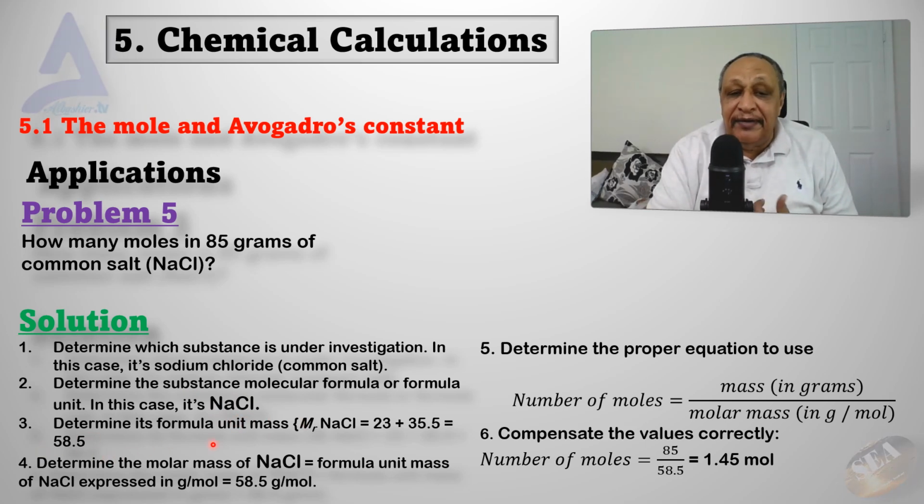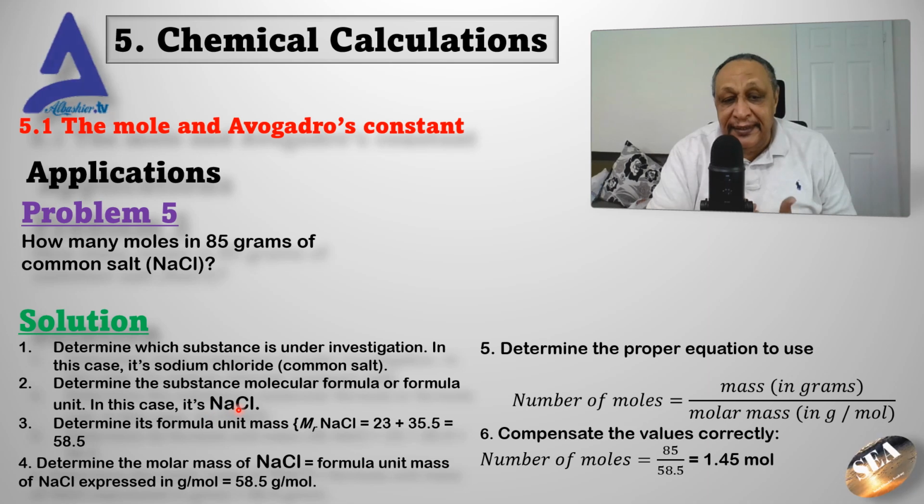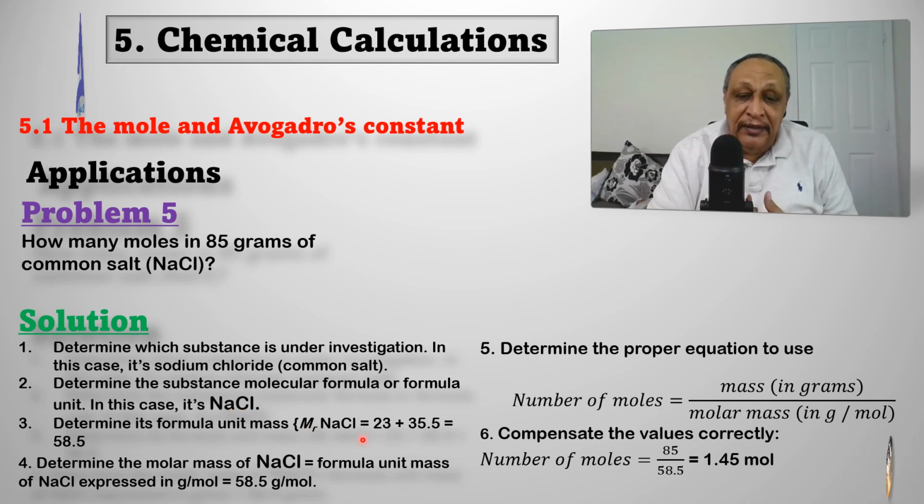And then determine the formula unit mass. You add each one's relative atomic mass because each of them shares one atom. When you add them together, it's going to be 58.5. And when you express 58.5 in gram per mole, you get the molar mass.